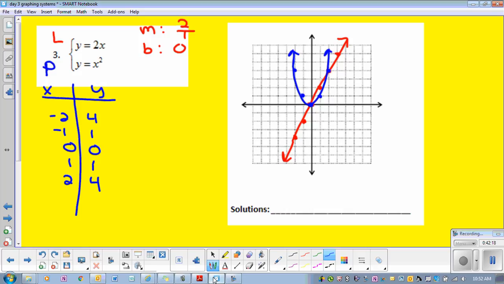So how many intersection points or intersecting points do I have here? 2. You know what? And they're really nice to see, right? They're on exact points. Yes? I'm going to show you how to put this in the calculator as well. Okay?